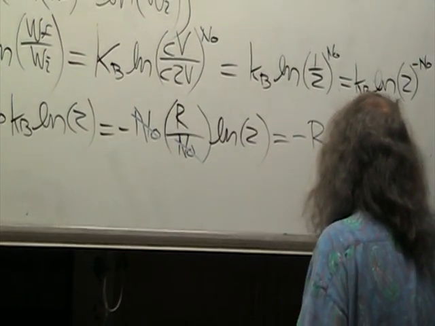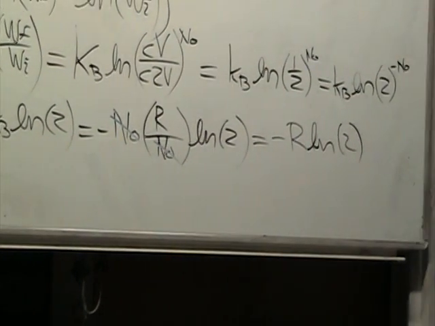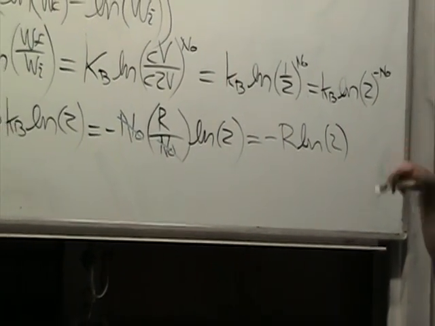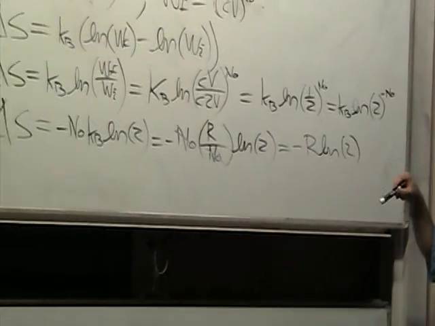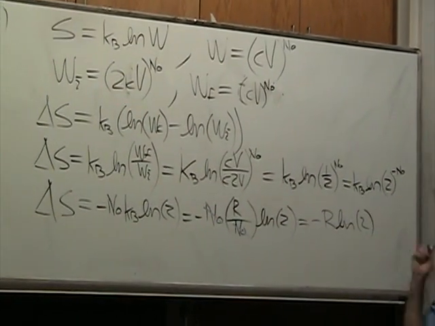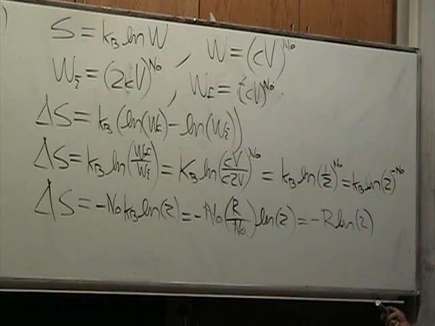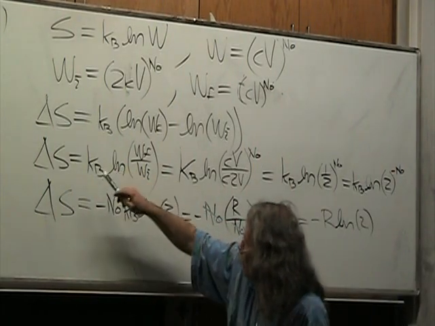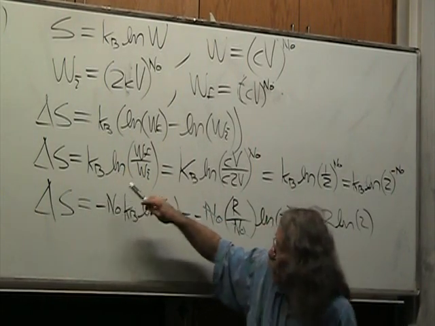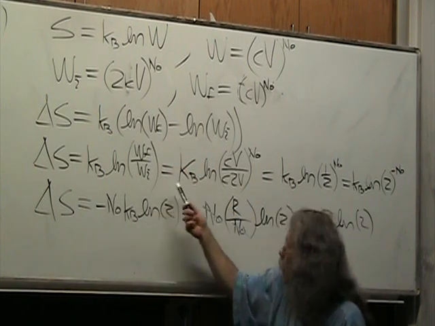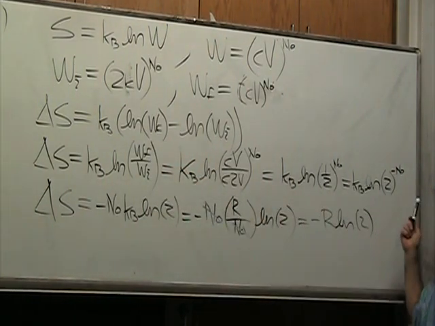Actually, on the test, we don't have enough space for all of this. So a lot of the steps I put in here are extraneous. In other words, you could just simply state that delta S is equal to the Boltzmann constant times the natural log of the final over the initial, and then go straight through.